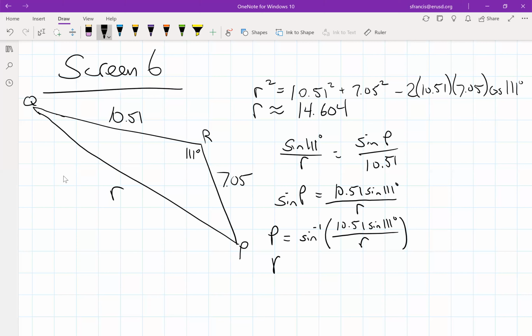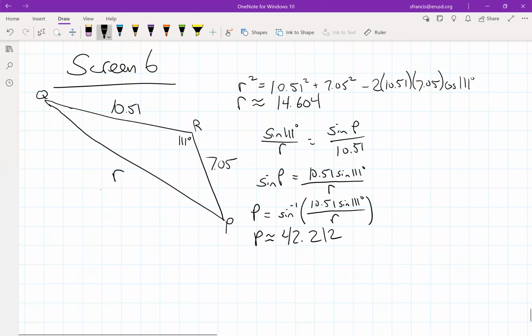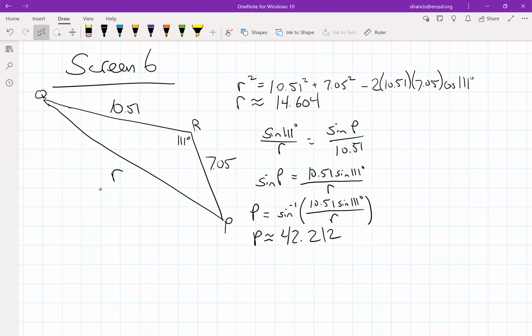And when you run that through a calculator, you get a number. Looks like you get 42.212. You can do the law of sines again if you want. I'm just too lazy and don't care to, and I'm perfectly fine using the triangle sum theorem.